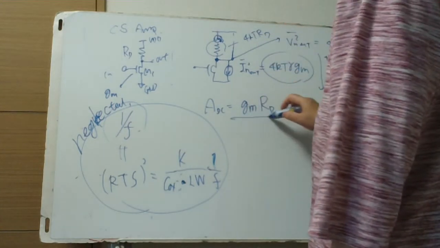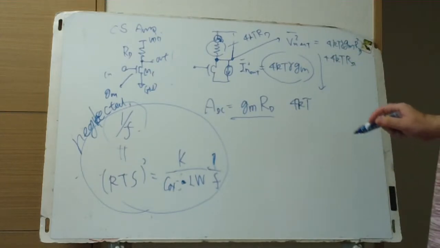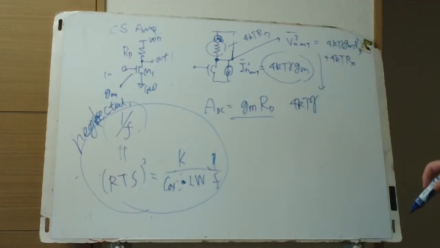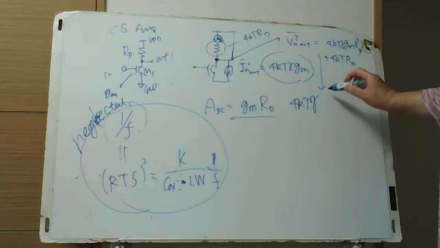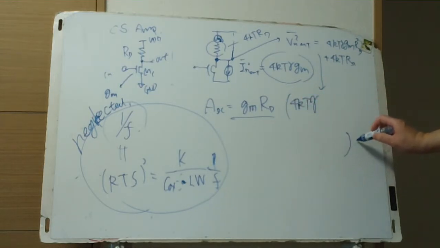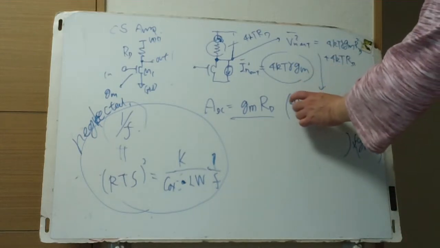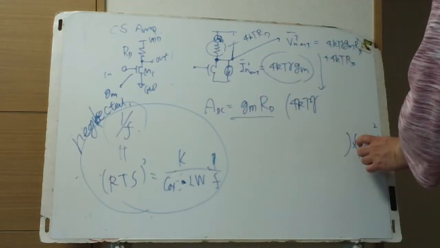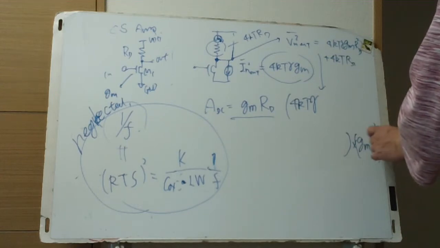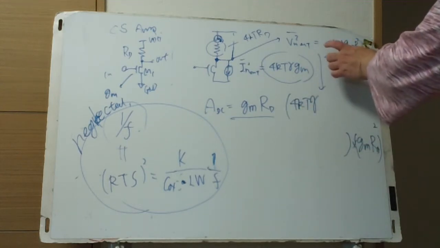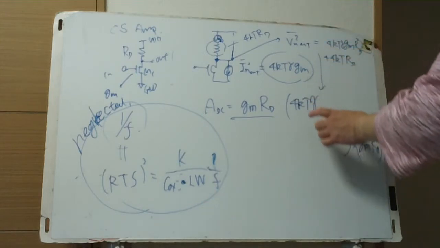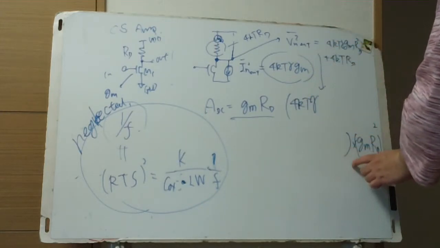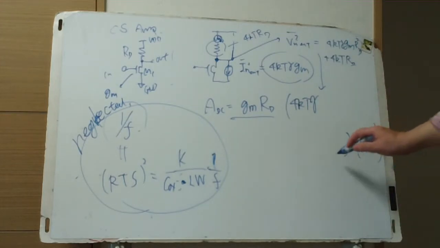RD. This is gm RD. 4kT gamma gm, times gm RD squared. Input referred noise times the amplifier's DC gain squared is the output noise. So if it transfers like this, we can get the input referred noise.